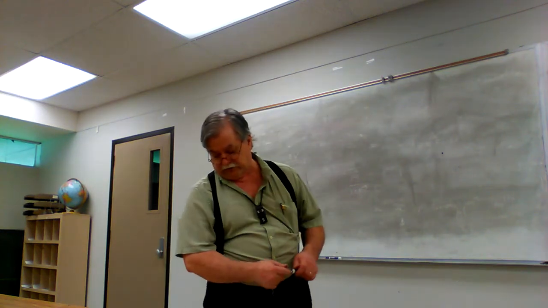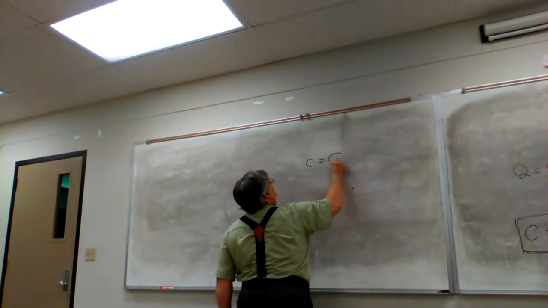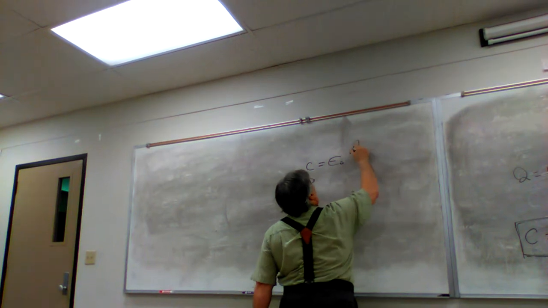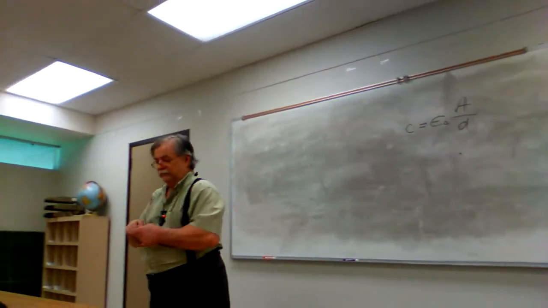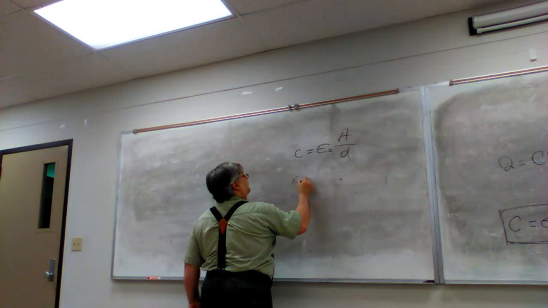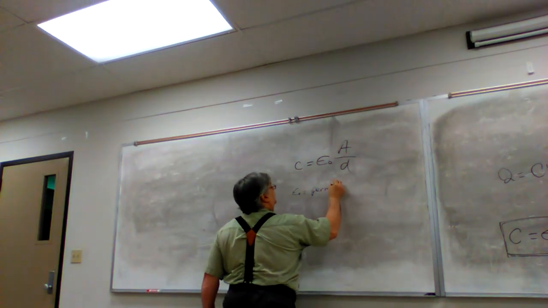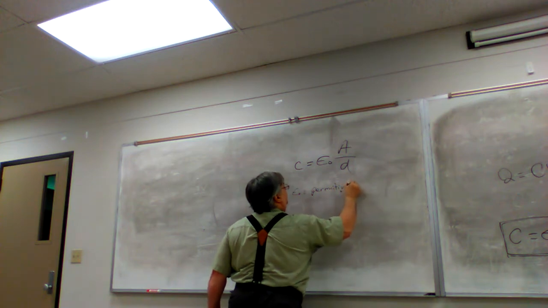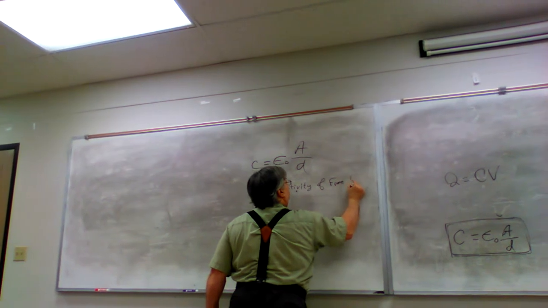But capacitance is equal to epsilon naught times area over distance, the gap between the plates. What is epsilon sub naught? Epsilon sub naught is called the permittivity of free space.